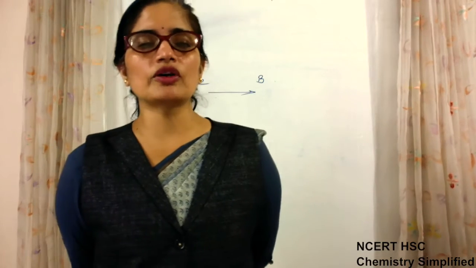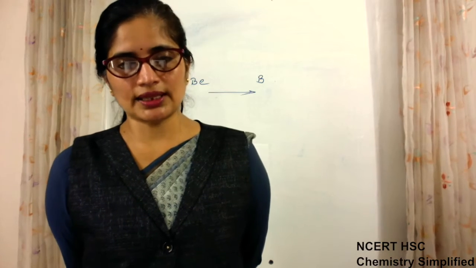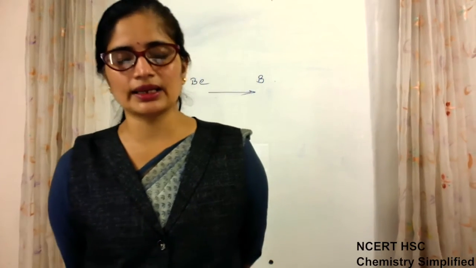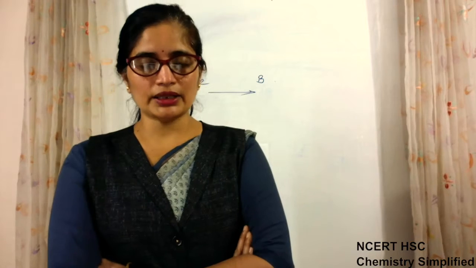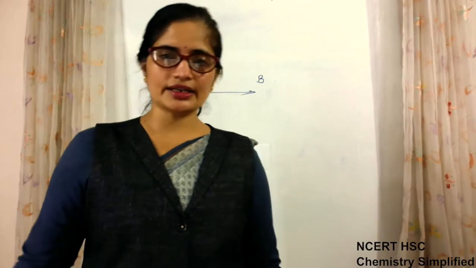So now removal of an electron will be more difficult. Hence, second ionization enthalpy is more than the first in most of the cases. But there are some cases where it can be less also. When will it be less? When by the loss of the second electron, the particular element is acquiring a stable configuration, then its value can be lower also.